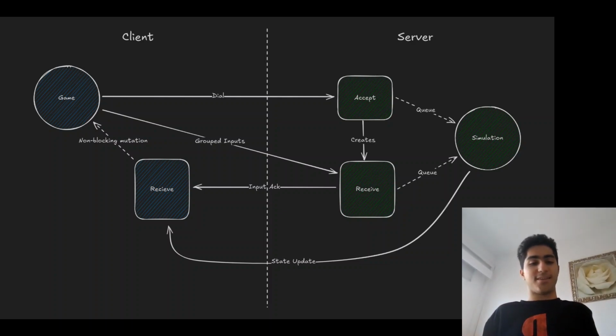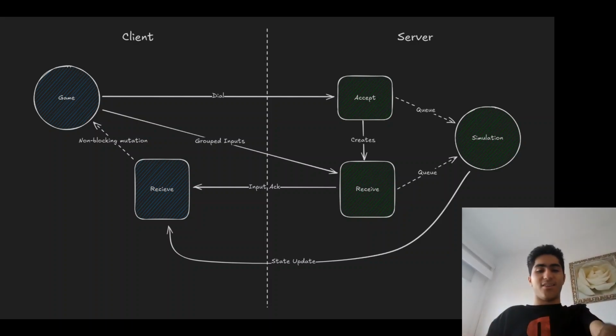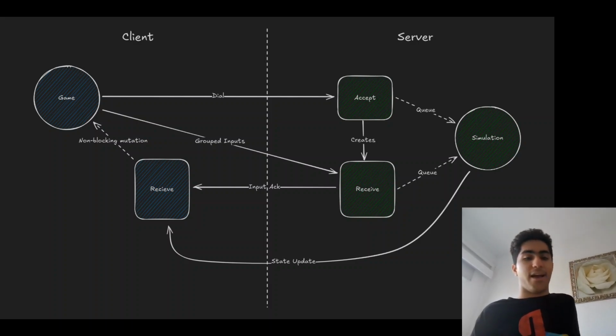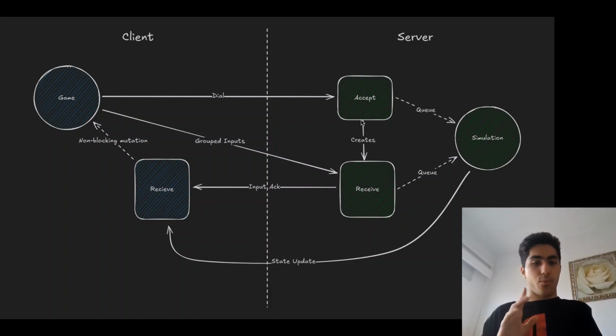Not that it actually asks it, but to give you a cool story, it dials the server, the server receives that in the accept loop, then it's going to create a separate receive loop just for that client, and also notifies the simulation through this loop that, hey, a new client has joined.